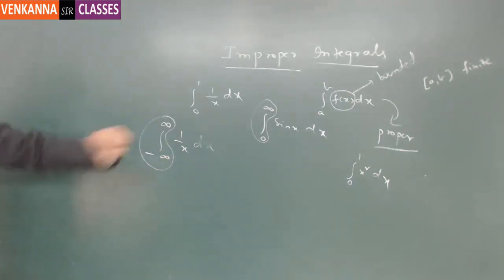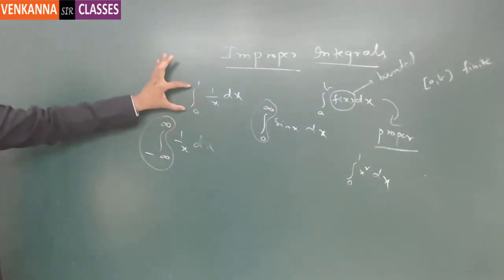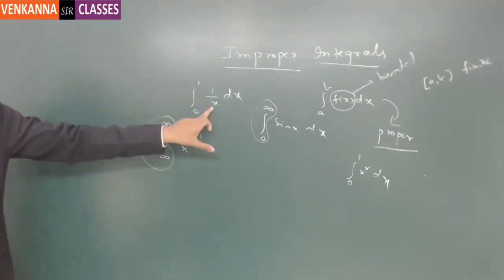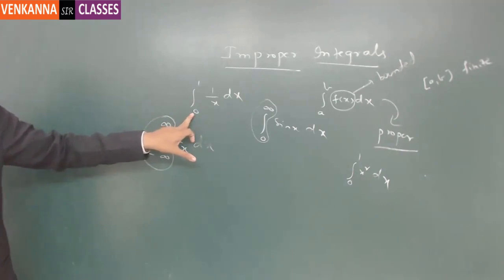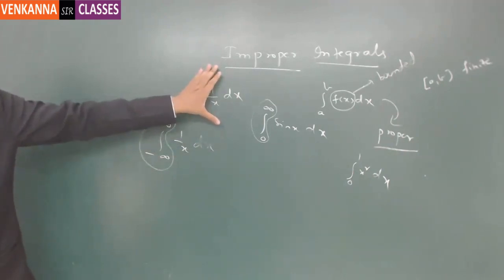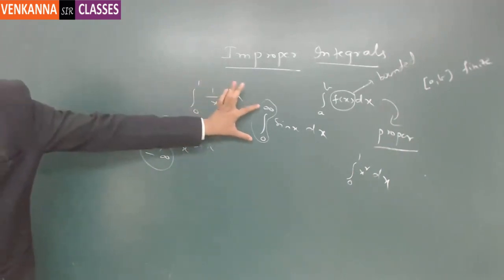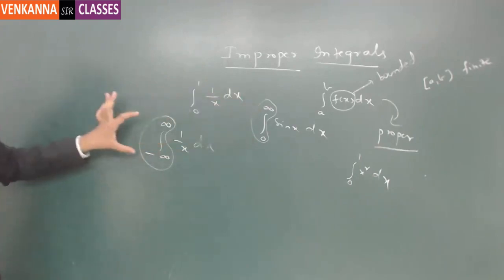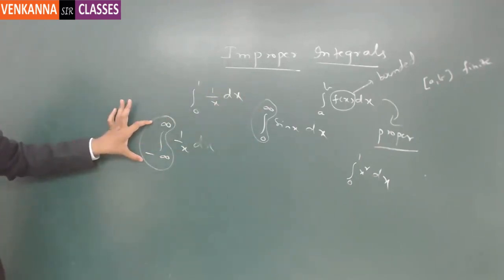Now see, even though the interval seems to be finite, 1 by x is undefined at the point 0. So this is an improper integral. Here the interval is not finite. Here also the interval is not finite.